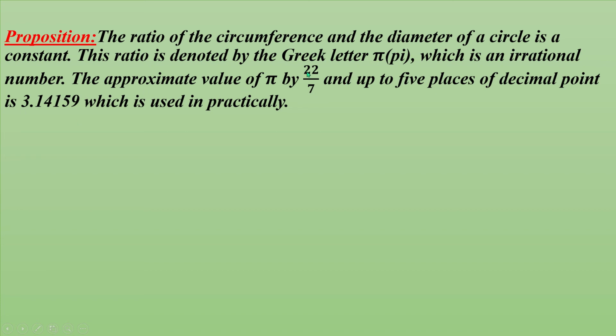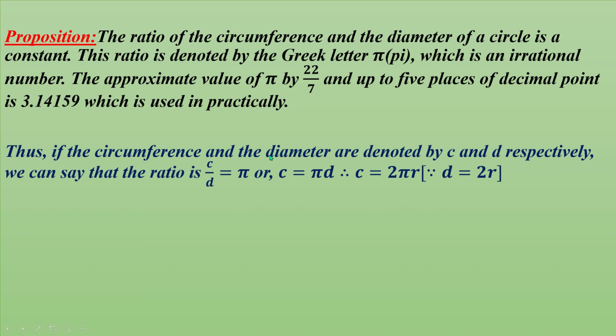The approximate value of pi is 22 divided by 7, and up to 5 places of decimal it is 3.14159, which is used in practice. That means we always use pi equal to 3.14159, or sometimes 3.1416. That means pi is equal to the ratio of circumference and diameter, that is, circumference divided by diameter of the same circle. Clear?